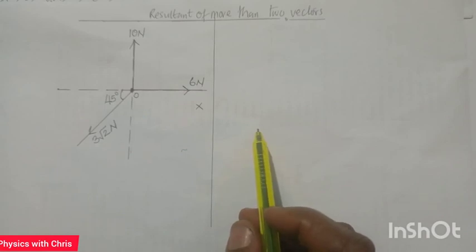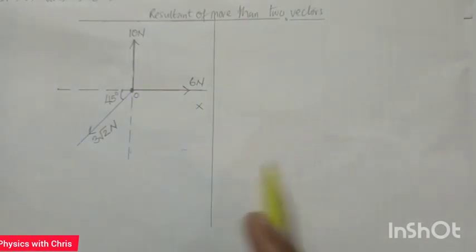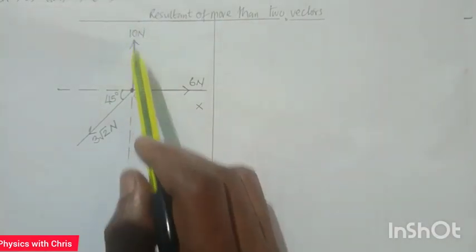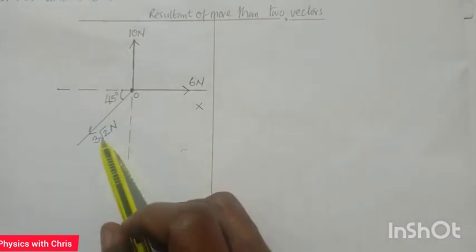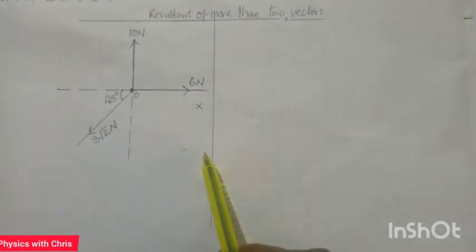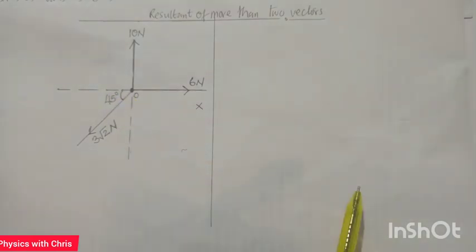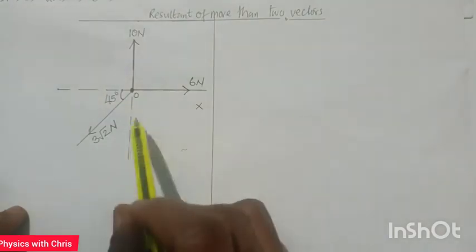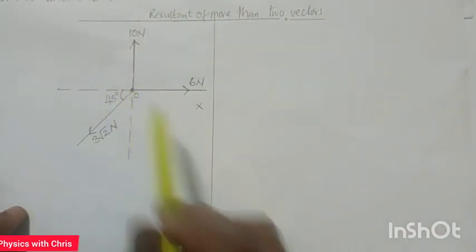Now, three forces act on this body. The 6 Newton force acting along the positive x direction, the 10 Newton force acting along the positive y direction, and then this force of 3√2 Newton is acting at an angle of 45 degrees to the x direction, that is the negative x-axis. So we have to determine or find the resultant of all these forces acting on this object at point O.